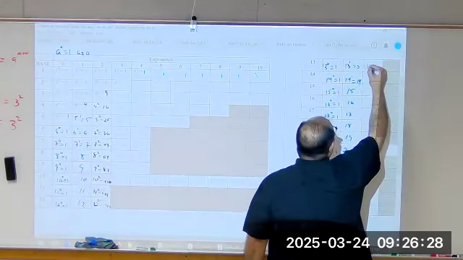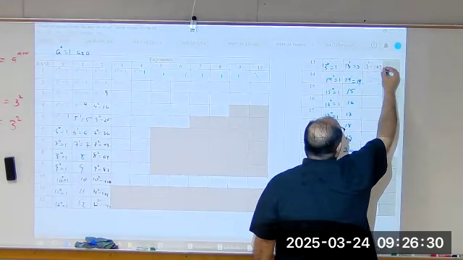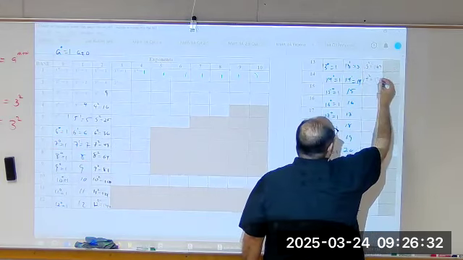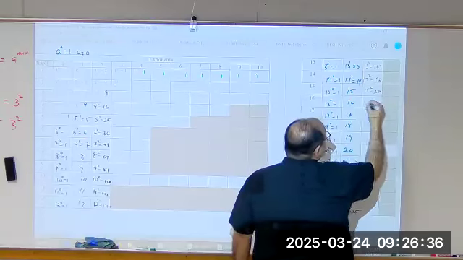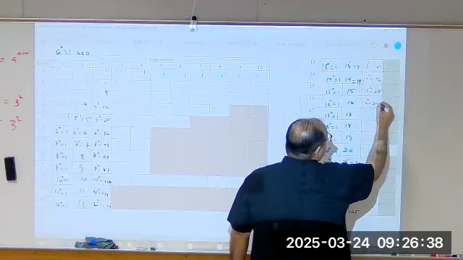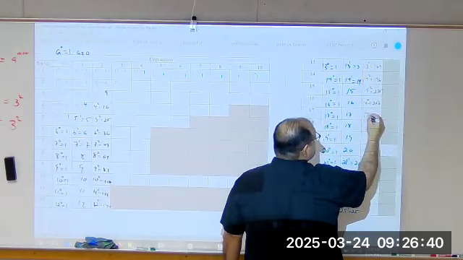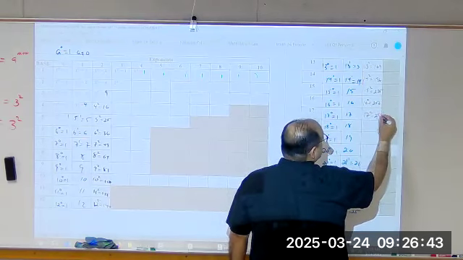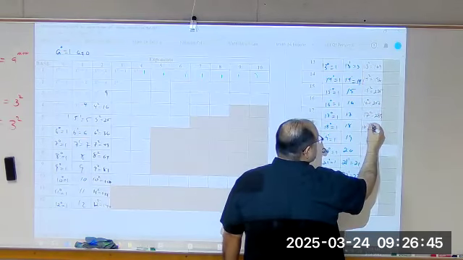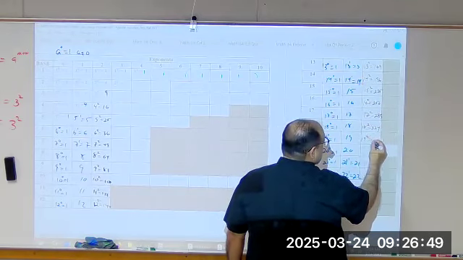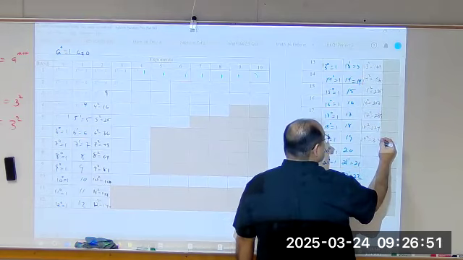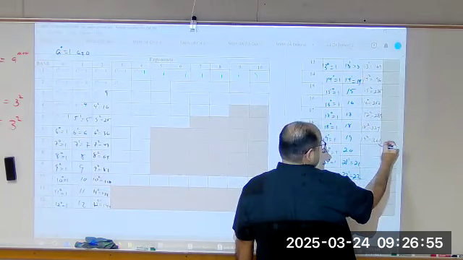13 squared is 169. 14 squared is 196. 15 to the second is 225. 16 to the second is 256. 17 to the second is equal to 289. 18 to the second is 324. 19 to the second is 361.